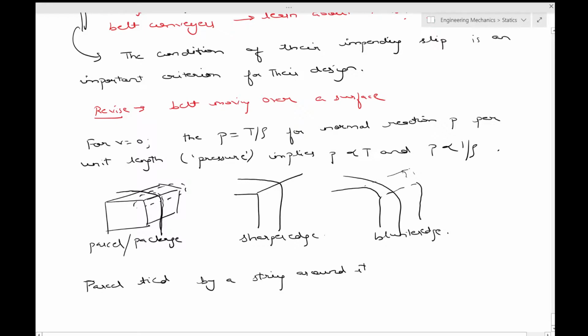So parcel tied by a string around it, the sharper the edge of the parcel, the smaller is rho.